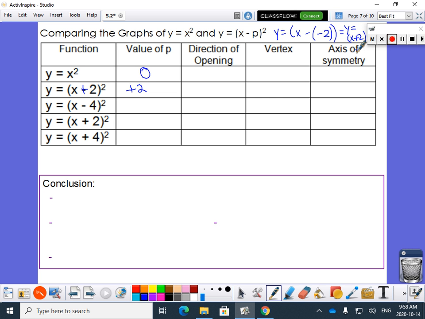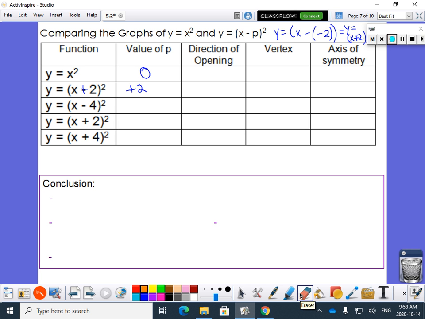Are you guys seeing that? I know that it's a little bit confusing. If we see a minus here, it actually isn't negative 2 because the minus is already there. If we see a positive, then we know it had to have been a negative to turn to positive. Does that make sense? Okay, so we're asking for the value of p here, right?